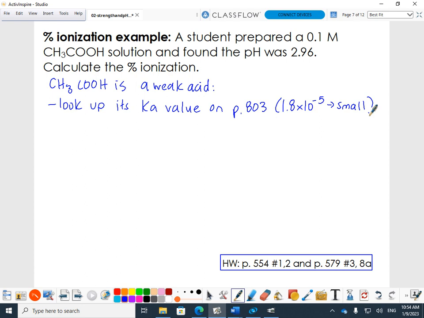It is a small Ka value. Every single organic acid is a weak acid, so if you see the COOH, that means it's weak.